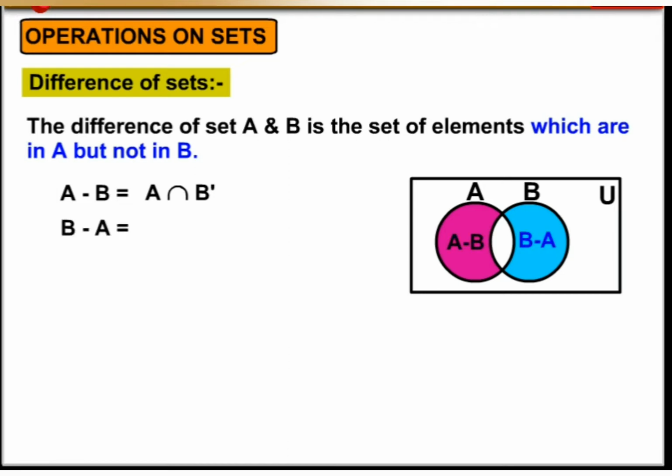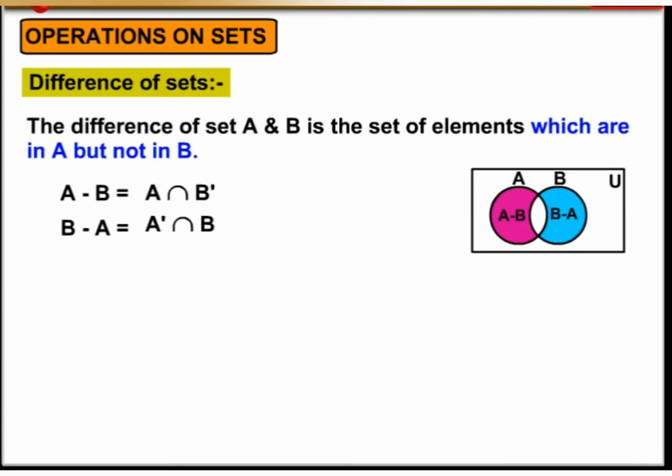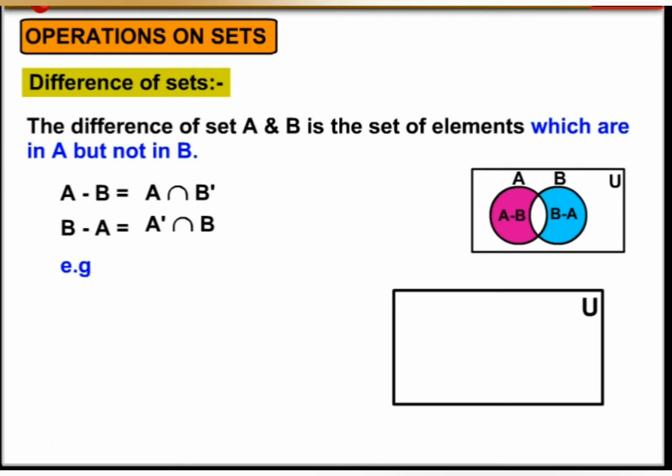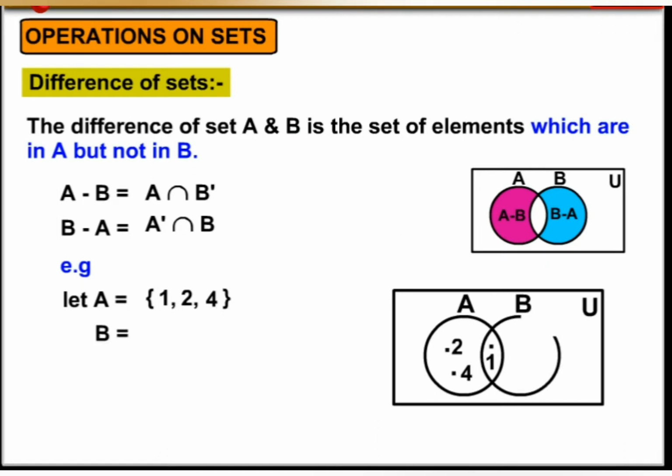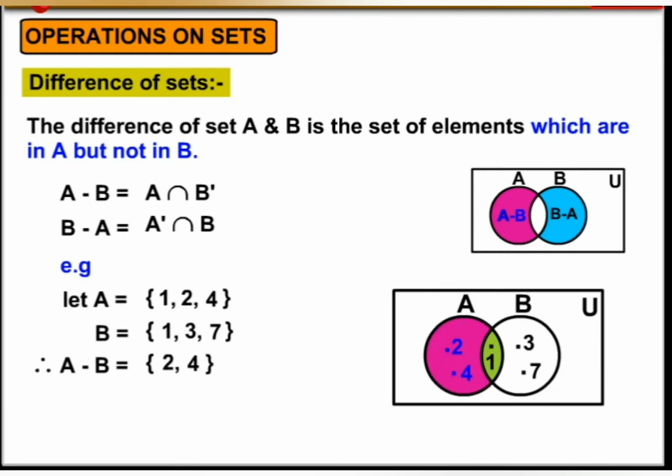B minus A is equal to A dash intersection B. For example, let A = {1, 2, 4} and B = {1, 3, 7}. Therefore, A minus B = {2, 4}, and B minus A = {3, 7}.